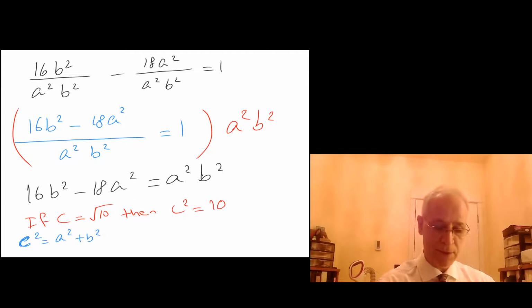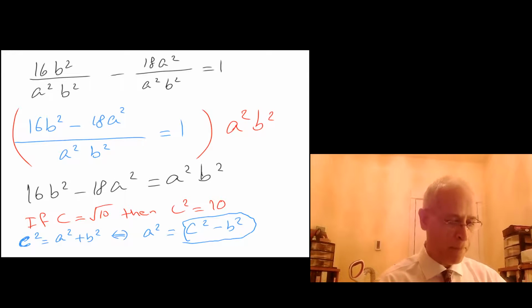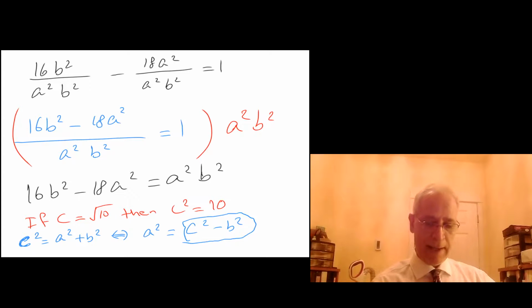Let's solve for a squared. I get a squared equals c squared minus b squared. Remember that the value of c squared is 10, so a squared equals 10 minus b squared.